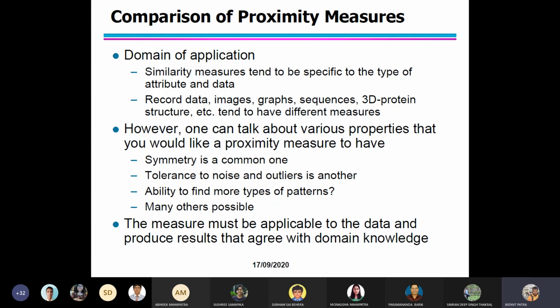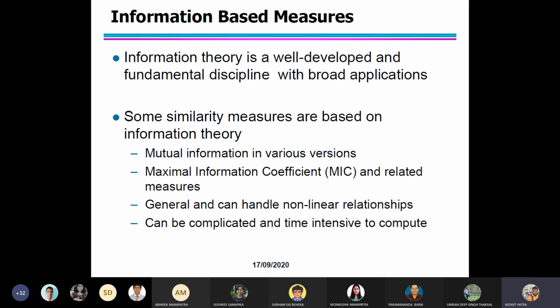Some of the things are not necessary, at least for the BTech students. There is a measure called entropy.